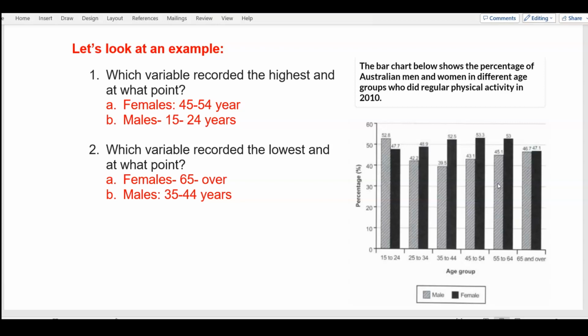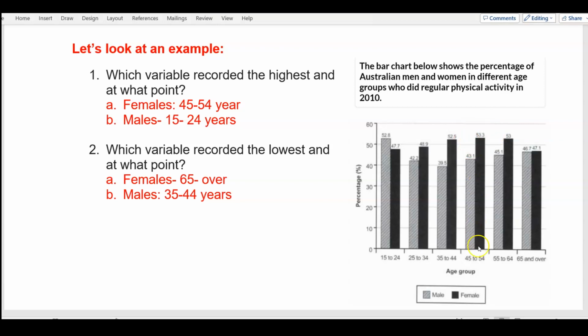Okay, so if you are going to record the highest, we know that females throughout the whole time period recorded more. They were higher than the males, but we are looking for the highest, which is the at-what-point part. Here we have 52.5, here 53.3 and then 53. Out of these three, 53.3 is the highest point.